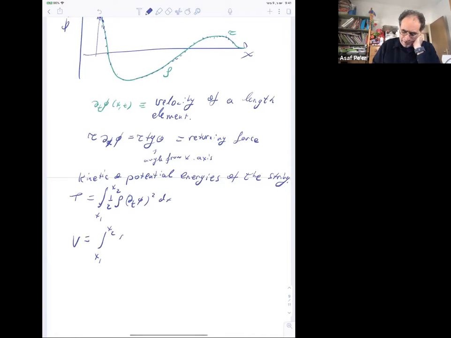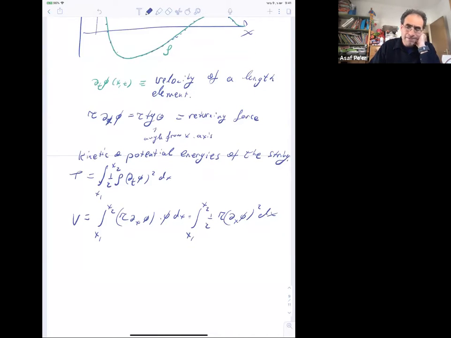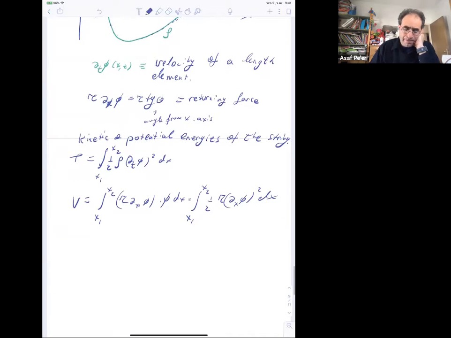Now we have tau dx phi as the force, times the length, so it's just an integral from x1 to x2 of 1/2 tau dx phi squared dx.